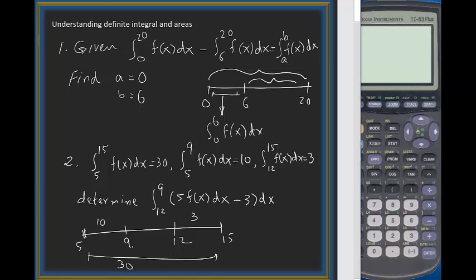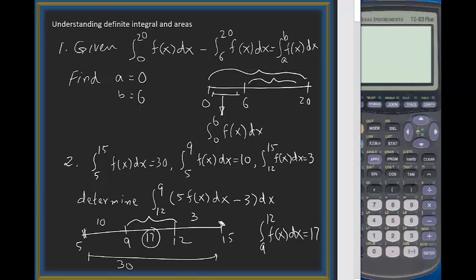So from this you can easily understand that 9 to 12 is actually 30 minus 10 minus 3. That gives you 17 exactly here. So we have found that when I have the integral 9 to 12 f(x) dx, that one is 17.